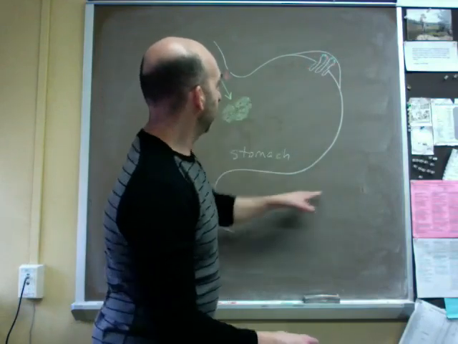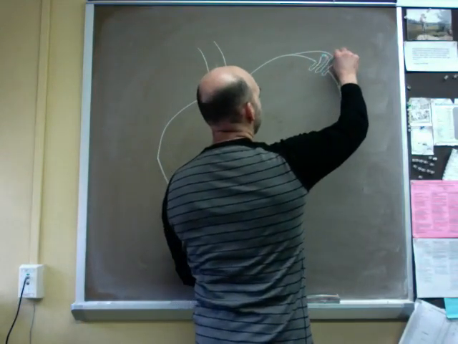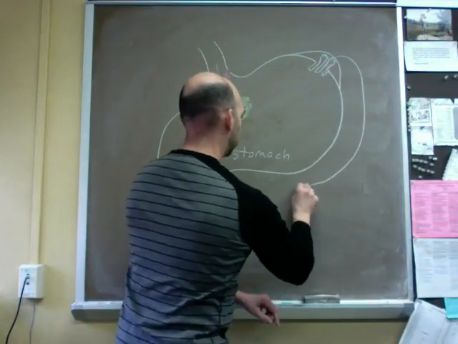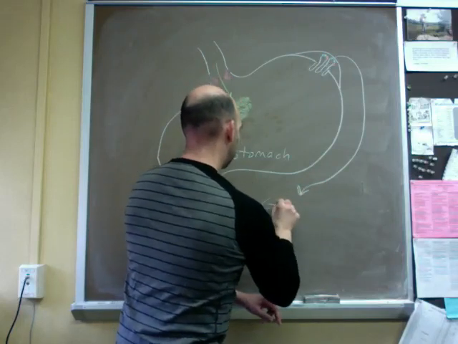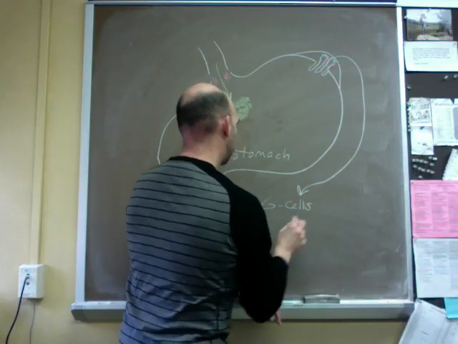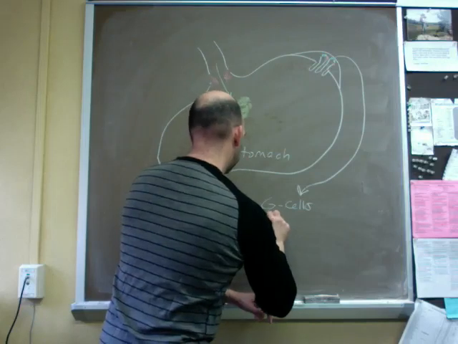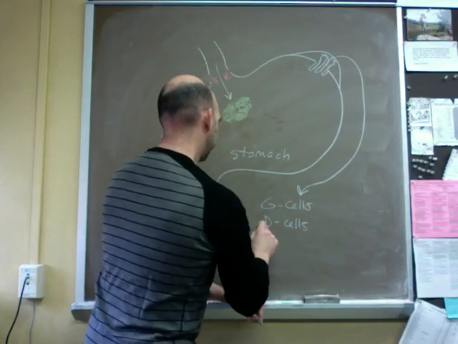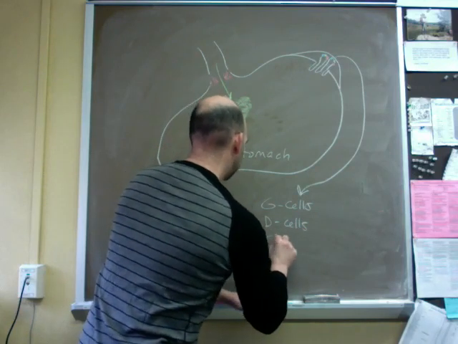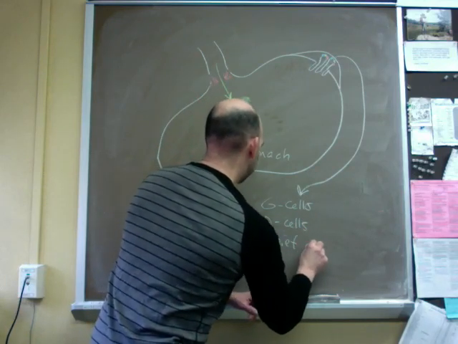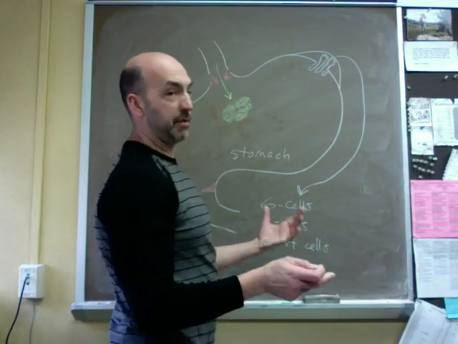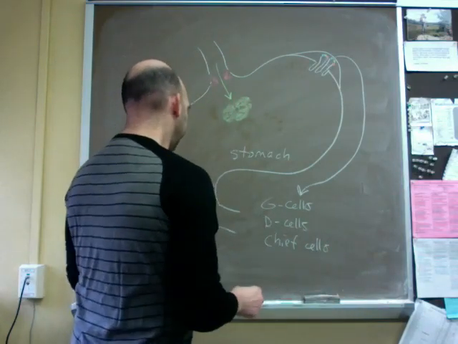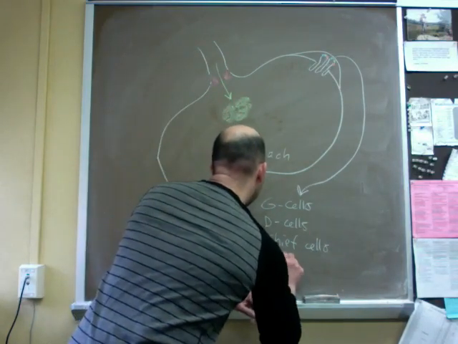I think I'm going to squeeze it in down here, just because I have more room. We have G cells, D cells, chief cells. These are just the primary ones. And parietal cells.